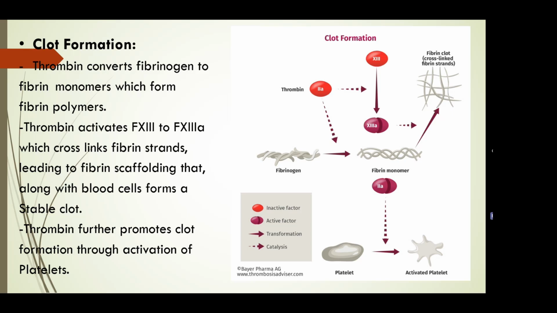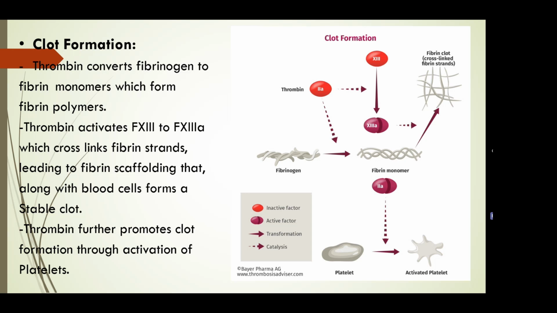So thrombin converts fibrinogen to fibrin monomers, which form fibrin polymers. The same thrombin also activates factor 13.